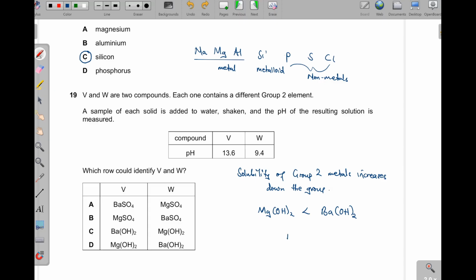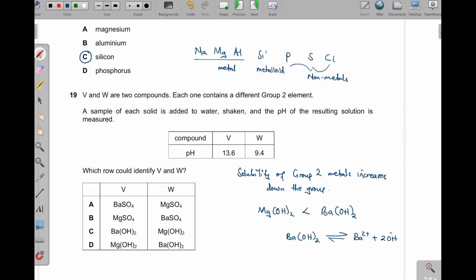You will have many more hydroxide ions. So because we have many more hydroxide ions, that means barium hydroxide is a stronger alkali.